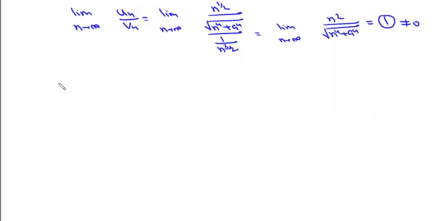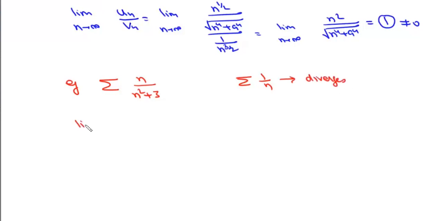Now let us take another example. This summation n upon n square plus 3. Now this is effectively 1 by n. So we'll compare it with this series, summation 1 upon n, which is the harmonic series, and we know the harmonic series diverges.